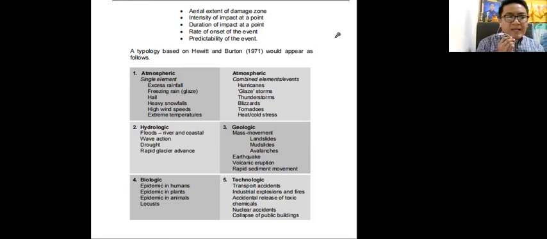Meaning to say that the term disaster refers to a bad or evil star. Okay po? So it's a serious disruption in the functioning of the community or society, causing widespread material, economic, social, or environmental losses which exceed the ability of the affected society to cope using its own resources.